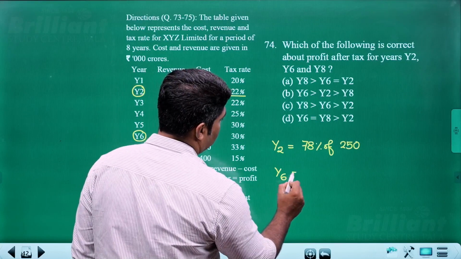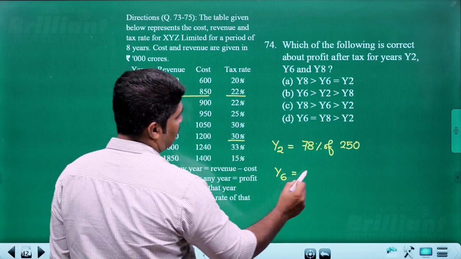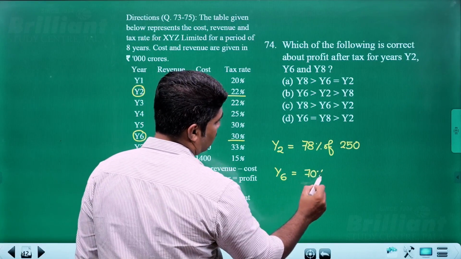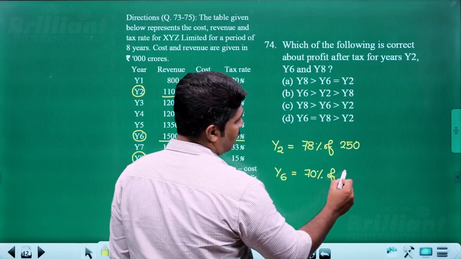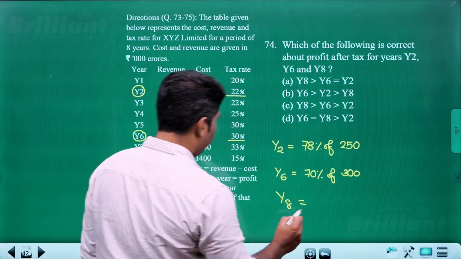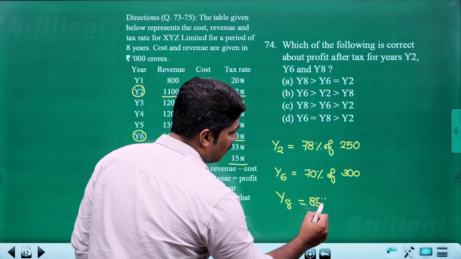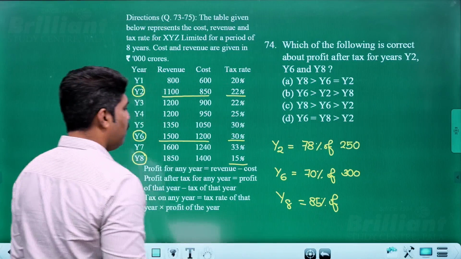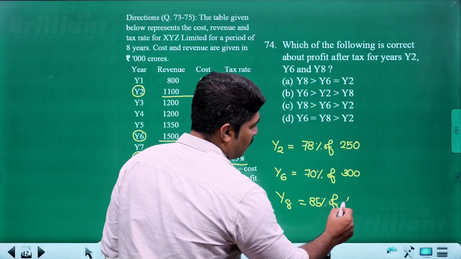The same kind of operation we can perform here. This is 70% of the difference, which is equal to 300. And finally Y8, this is 15% tax, so 85% remains of this difference, which is equal to 450.